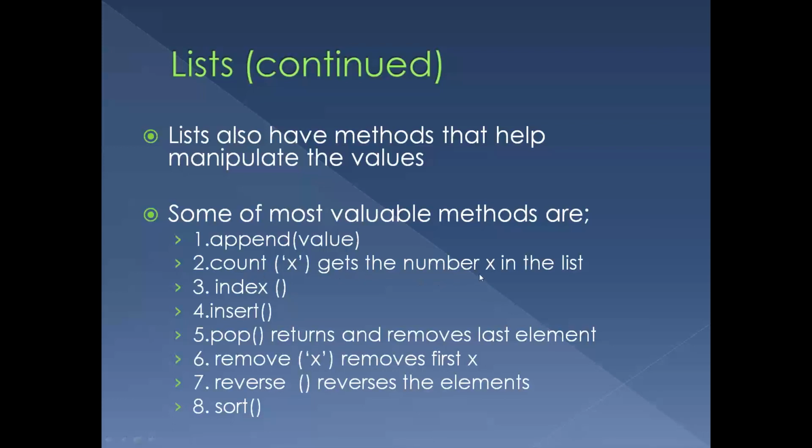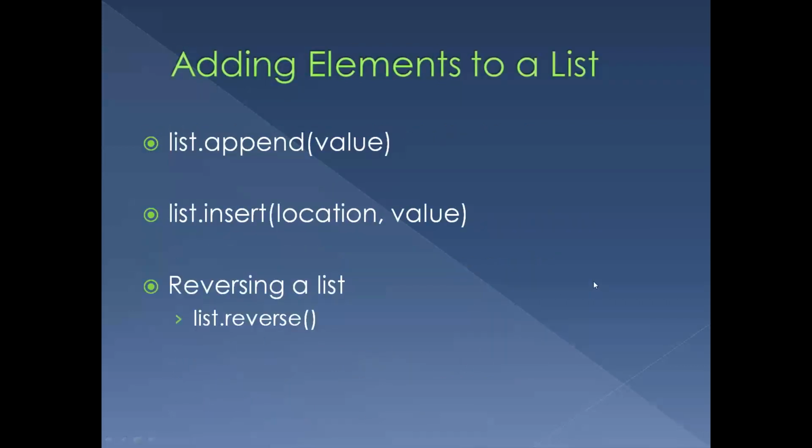Count gets the number of X in the list. Index, insert, pop, which returns and removes the last element. Remove removes the first X element. Reverse reverses the elements. And of course, sort sorts the elements. So these are lists.